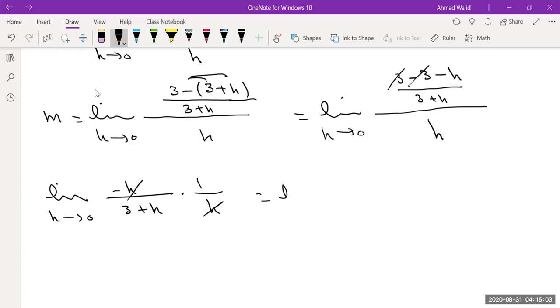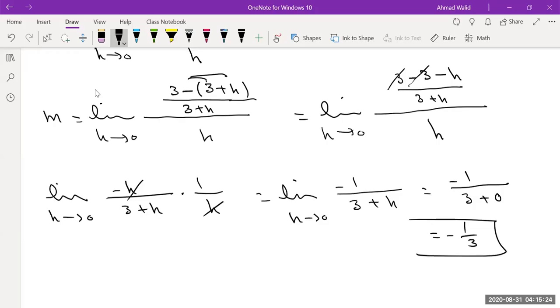Then you can write the limit as h approaches 0 of negative 1 over 3 plus h. If you plug in h equals 0, that gives you negative 1 over 3 plus 0, which is negative 1/3. That means the slope of the tangent line at that point is negative 1/3, correct?